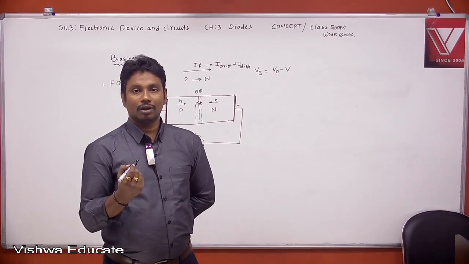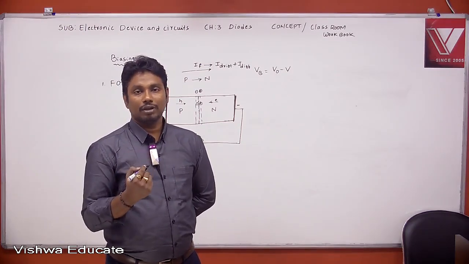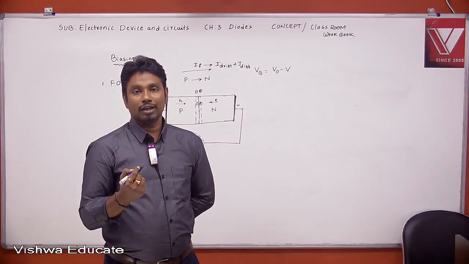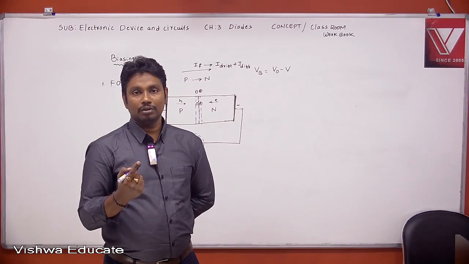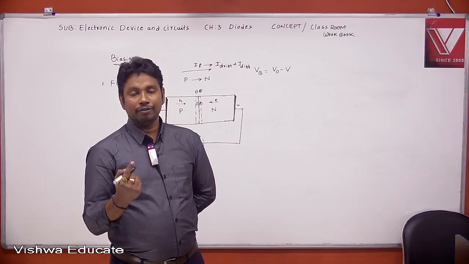Underline the forward current. Next point: the forward current is due to both drift and diffusion.